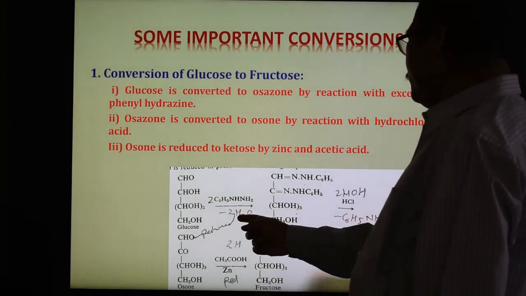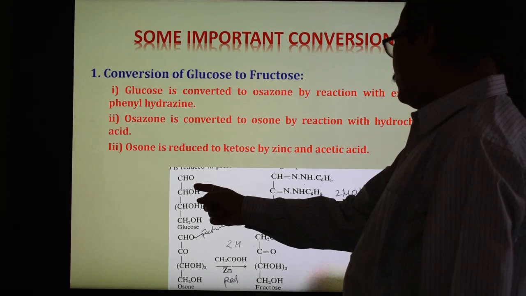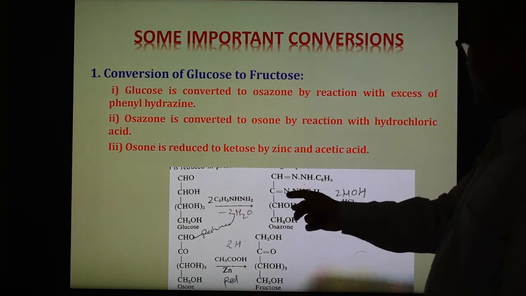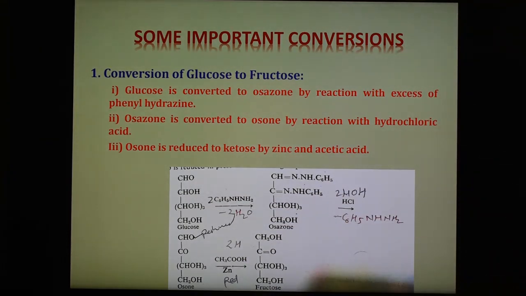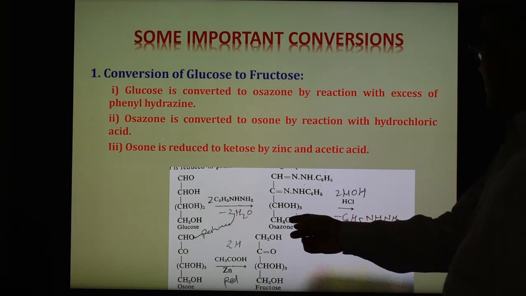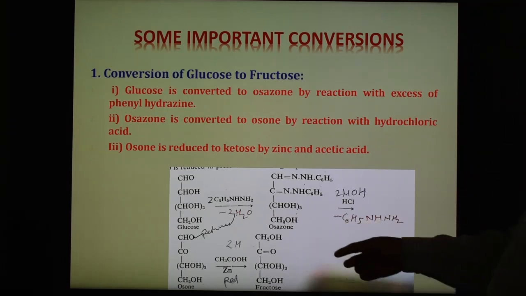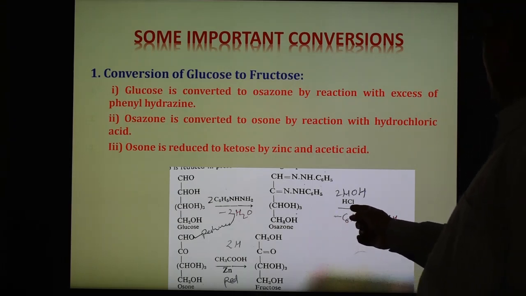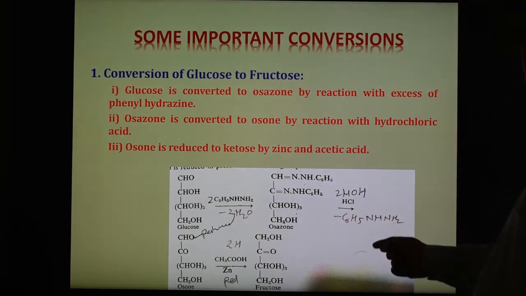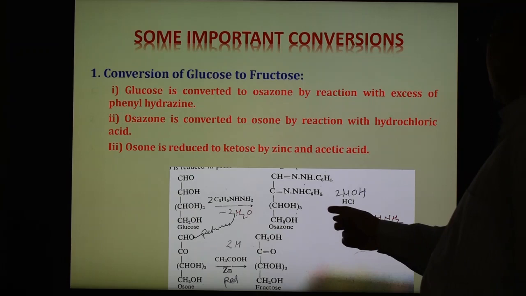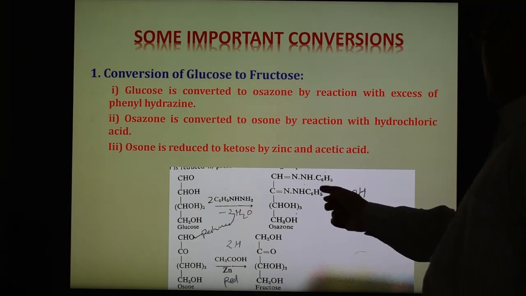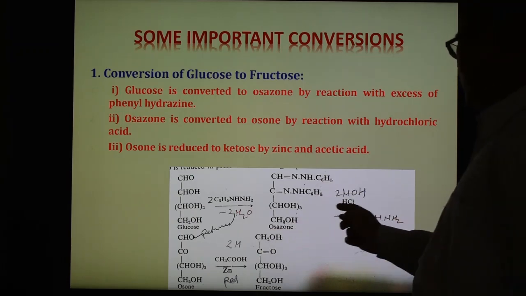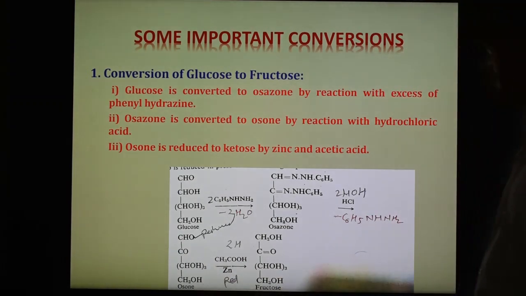So this is the first step, where phenylhydrazine reacts and gets added in this way, and we first get the osazone. After this osazone formation, it reacts with HCl, hydrochloric acid, and there is a removal of the phenylhydrazine, and we get the osone.